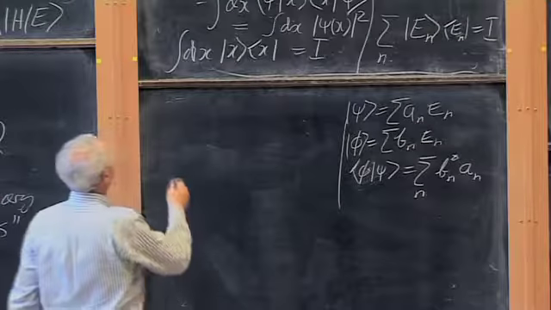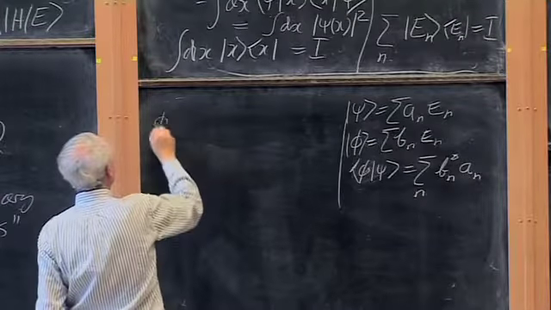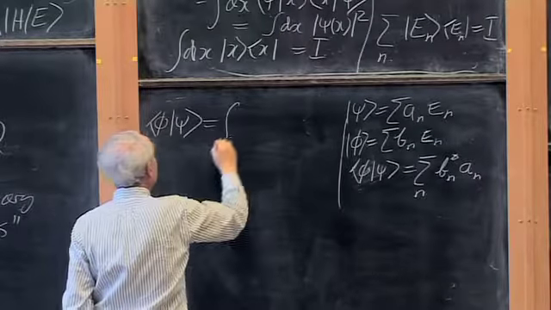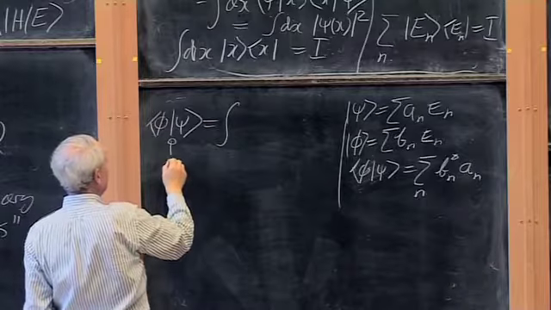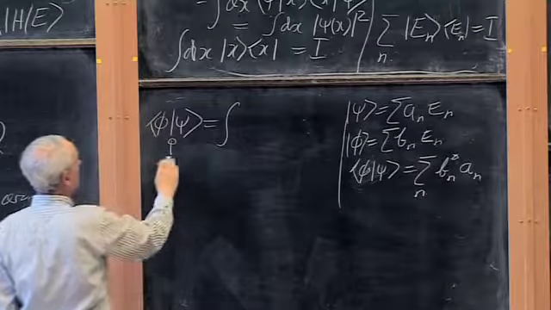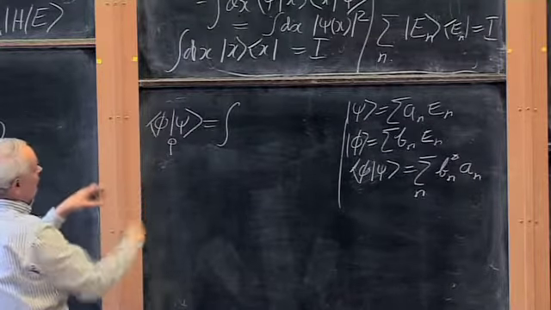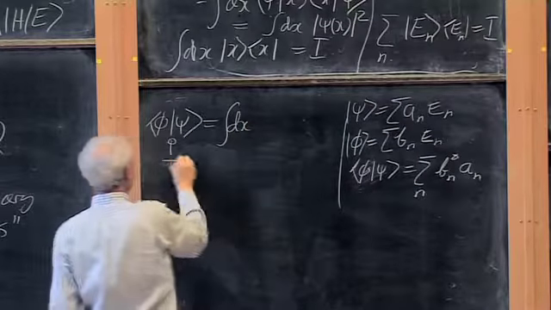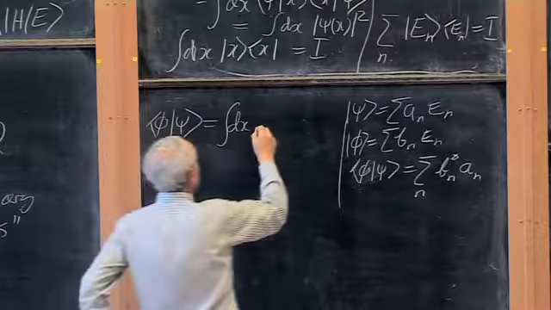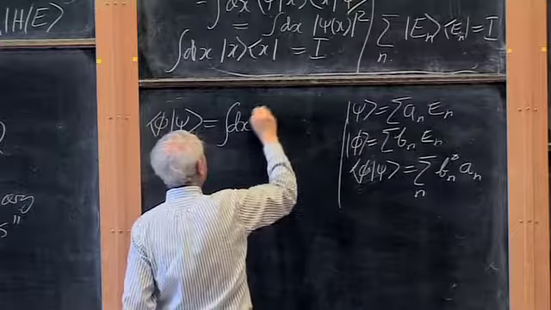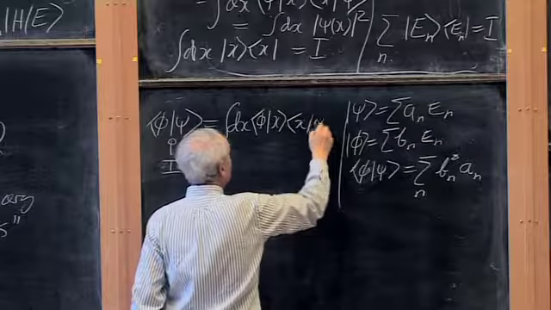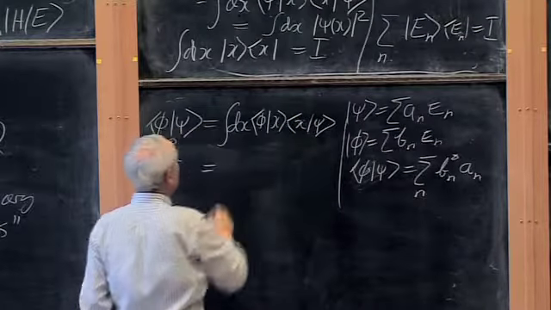The analogous thing here is going to be that phi of psi is going to be the integral. In here we stick an identity operator, the integral dx of ket x bra x. So this becomes the integral dx, so we stick an identity operator into that gap, of phi x times x psi.